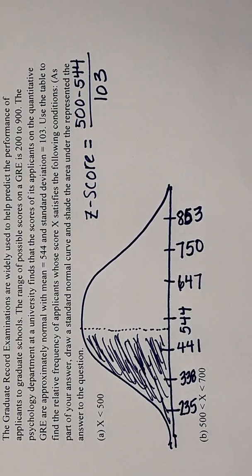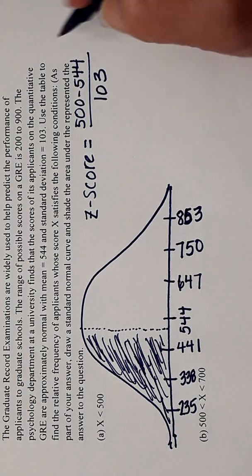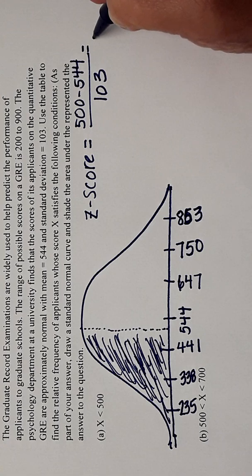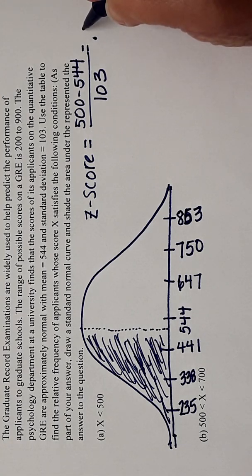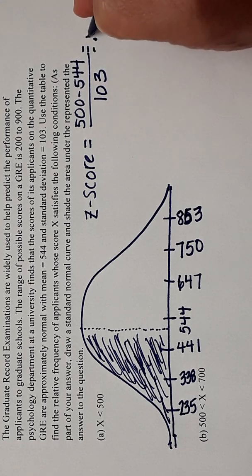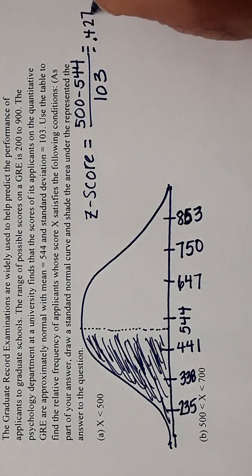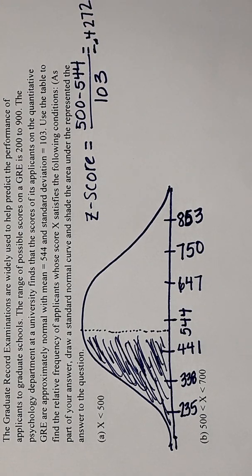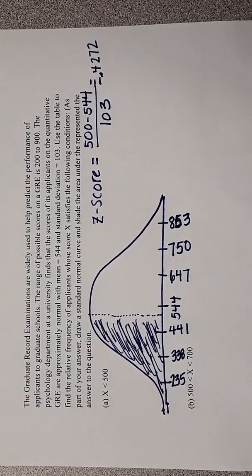So 500 minus 544 divided by 103 equals negative 0.4272. Now, you can't look that up on your chart, right?